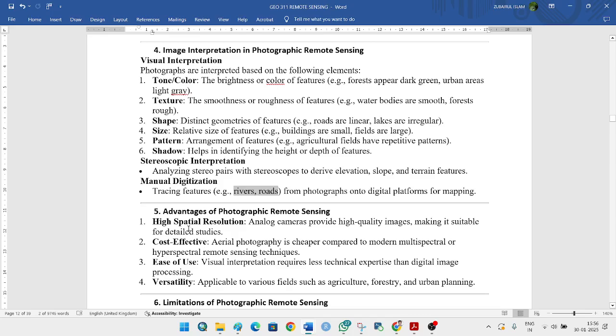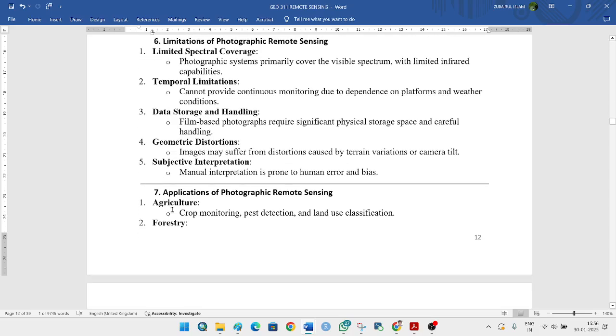There are some advantages: high spatial resolution, cost effectiveness, ease of use, and versatility. There are certain limitations. Of course, it's very costly. It's also not temporal: you take the photograph one time, then as per your need you have to take another flight.